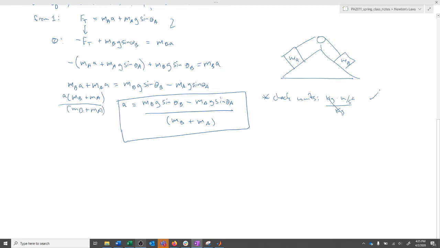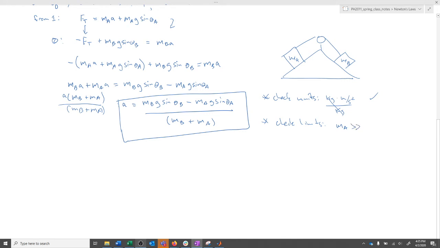We can also look at what's going to happen in the limits. For example, if m_B is very large relative to m_A, that'll make the m_A piece negligible, and we would just get g sine theta, and vice versa.